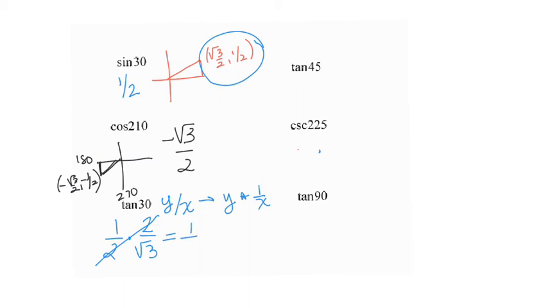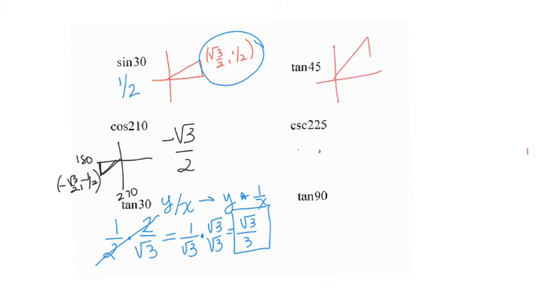And I'm left with 1 over the square root of 3. I need to be able to rationalize my denominator on these, so that's what I'm doing. If you need help with that, you need to go back and check out some videos. You could find a YouTube video on rationalizing the denominator, but this is the answer I want for tangent of 30. Okay? You need to be able to do these on a unit circle type test.